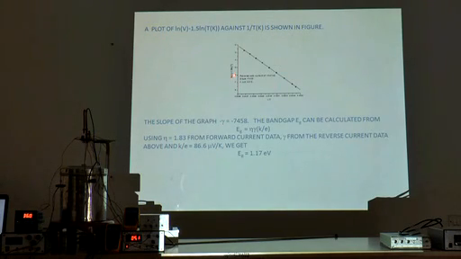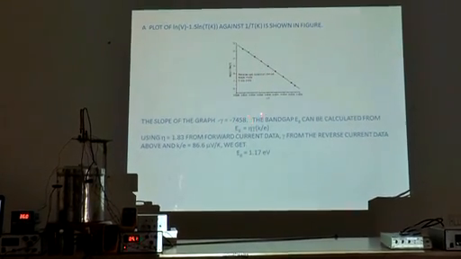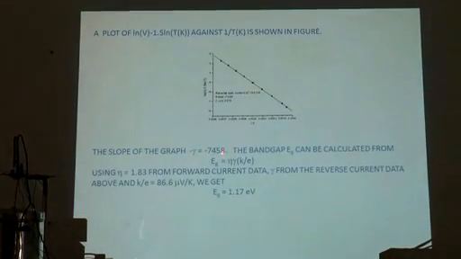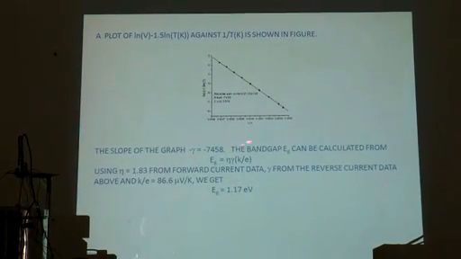You plot log V minus 1.5 log T along Y and 1 by T along X. You get a straight line with a negative slope, minus 7458. So, the slope minus gamma is minus 7458, or gamma is 7458.